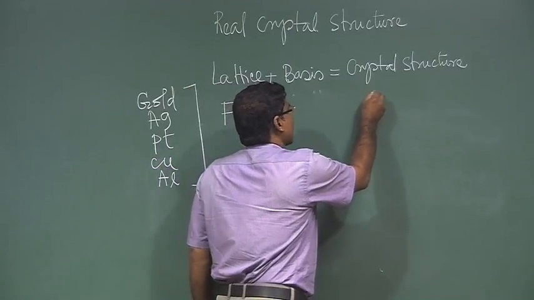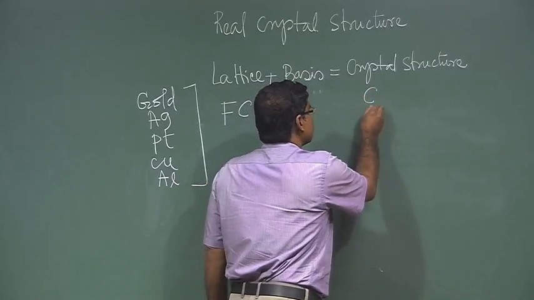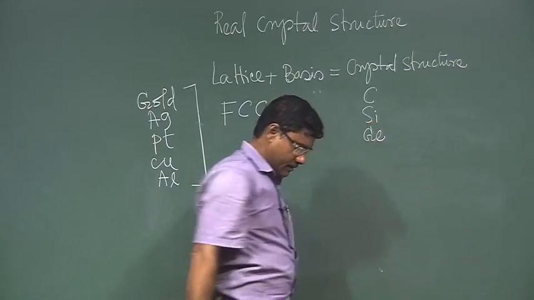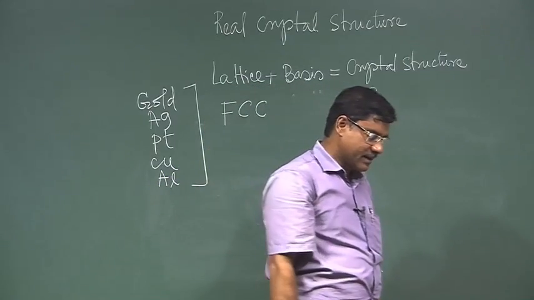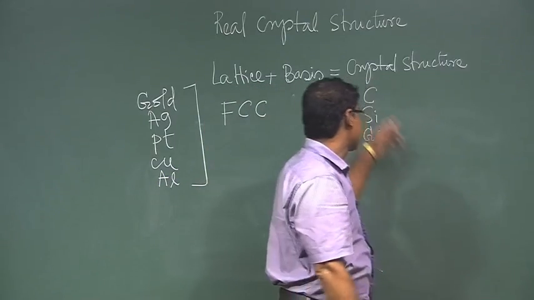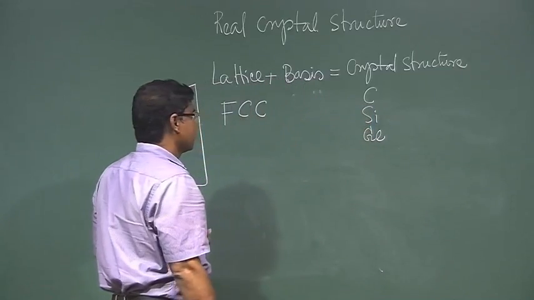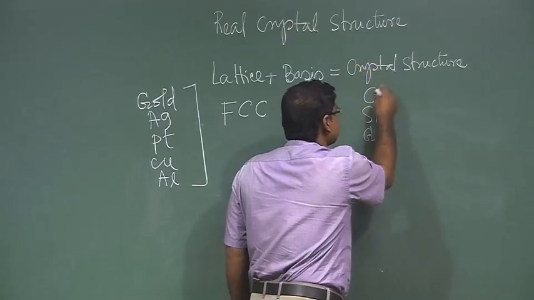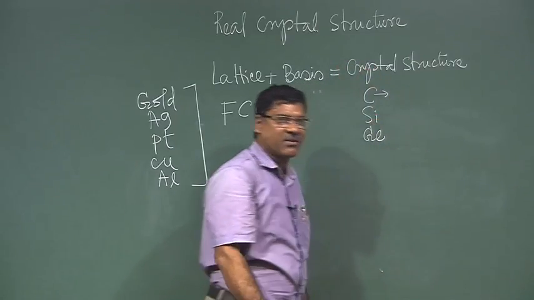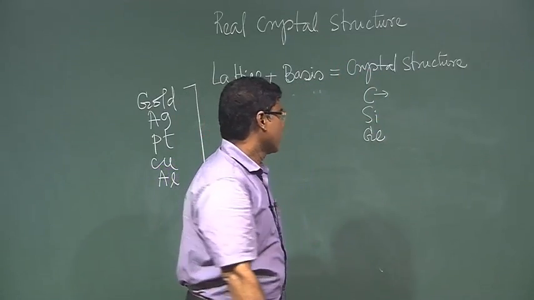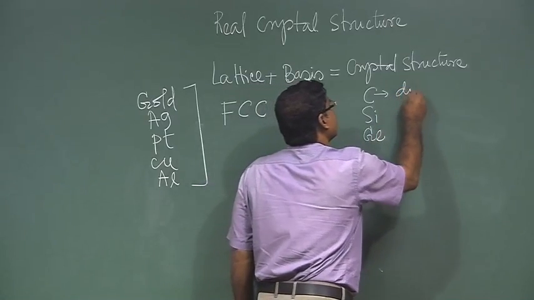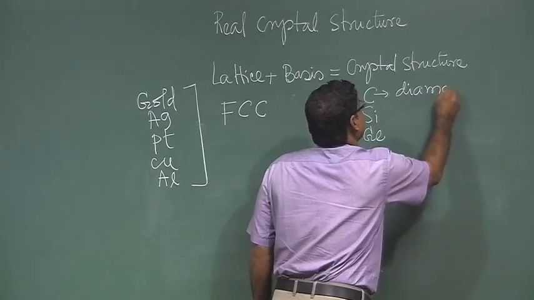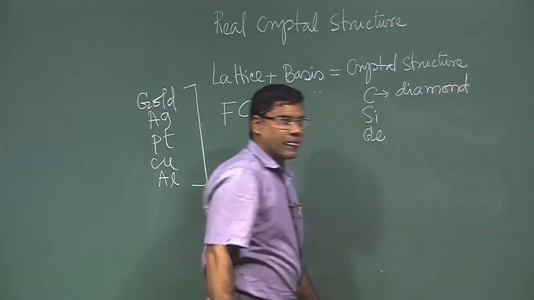say carbon, silicon, germanium, right. So, these are materials we generally do not see except carbon. Carbon we see, yeah. It has different forms, graphite, diamond. So, carbon is in diamond form. Okay.